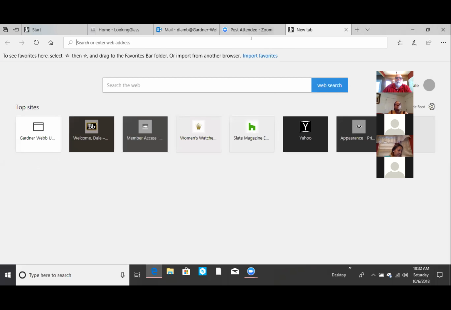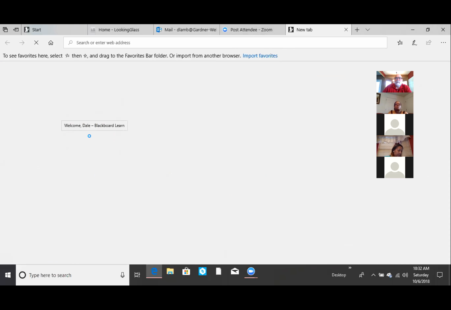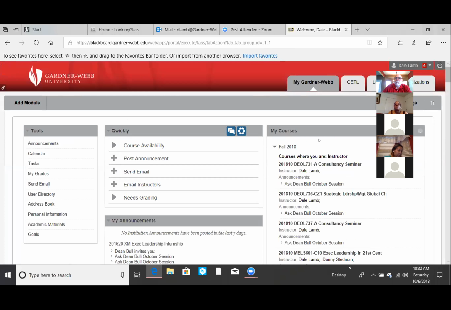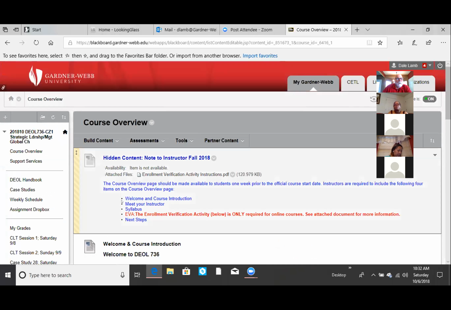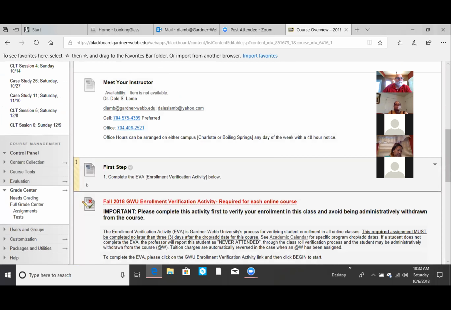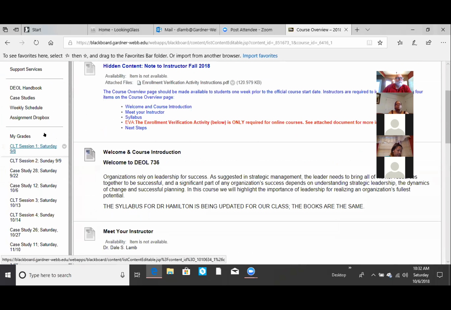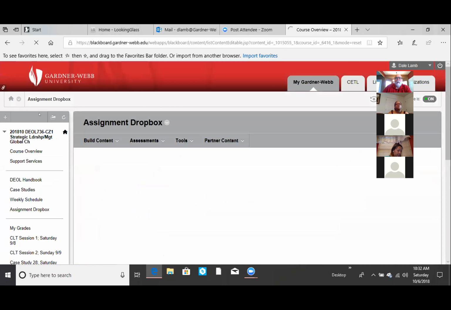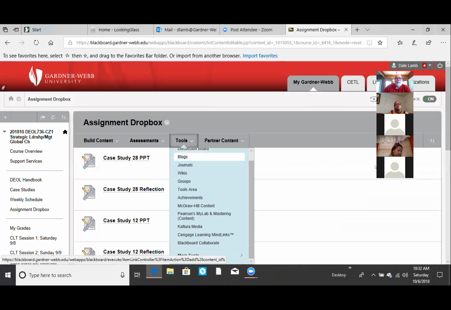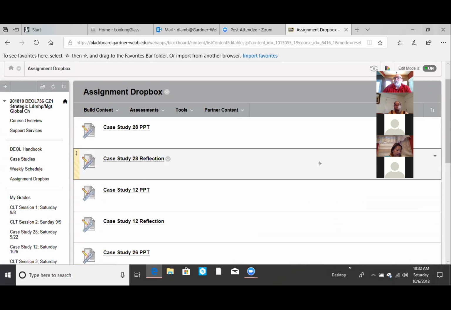I'm going to have to open it back up. Let's see if I can just open straight into Blackboard here. Come to assignment Dropbox right here. That's what I'm talking about. Just drop it in the Dropbox for your grade.